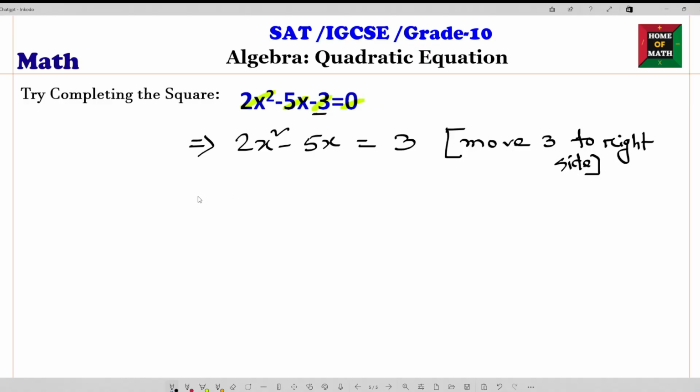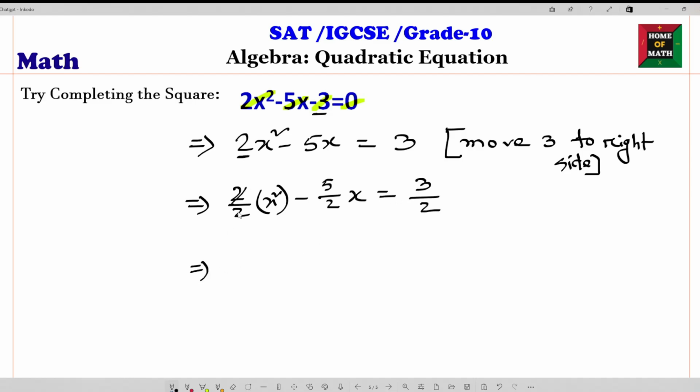Okay, then we will divide the whole equation by 2. So 2 divided by 2, here is x square minus 5 by 2 x equals 3 by 2.